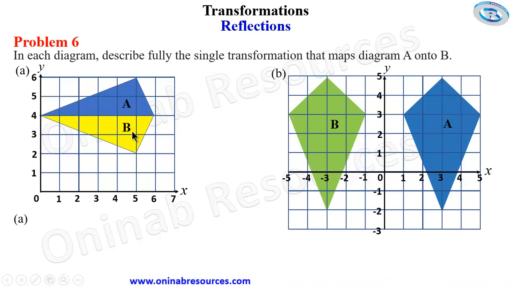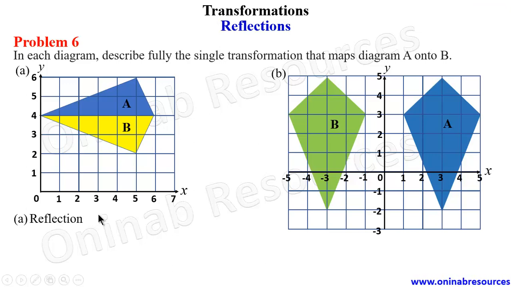Since A is mapped onto B, it's a flipping process. If this is flipped to this side, it will lap with B. So the transformation is reflection.